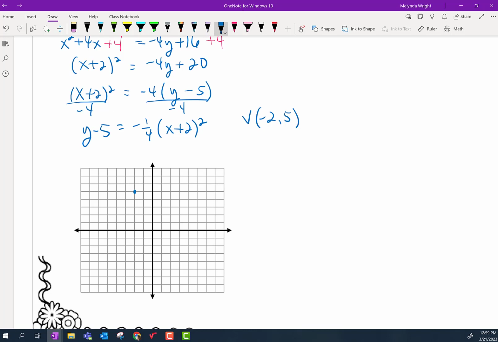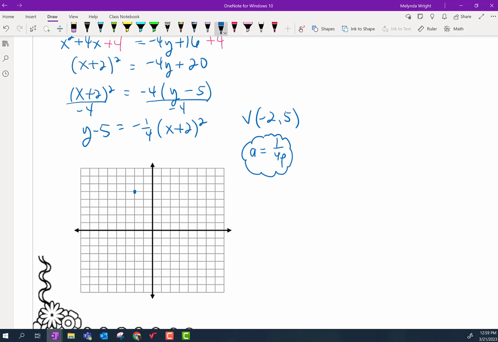Now, in order to graph the parabola, it would be most helpful for us to determine the length of the latus rectum, you know, the focal diameter. How wide is the parabola going to be? So these two formulas, I'm just going to remind you, are ones that you would be memorizing. Right, a equals 1/(4p). That's memory work.